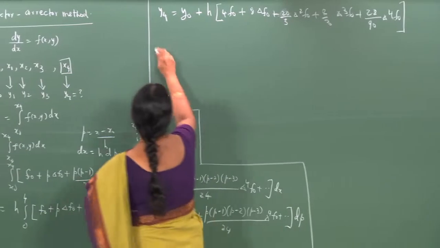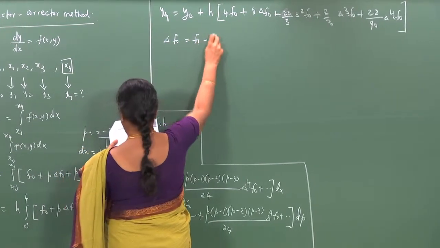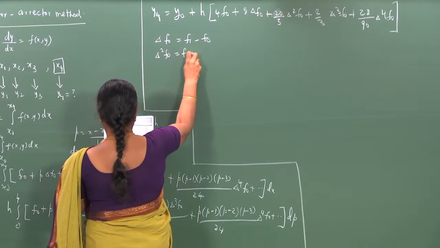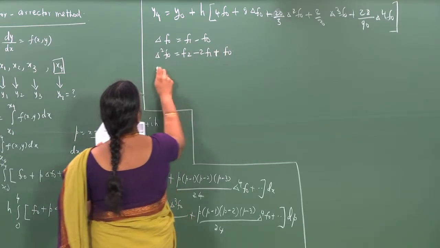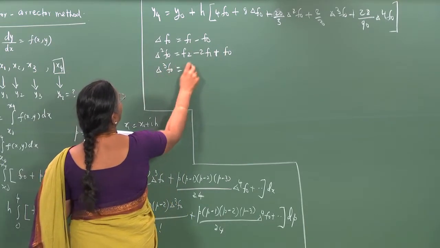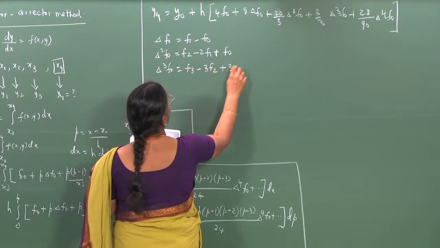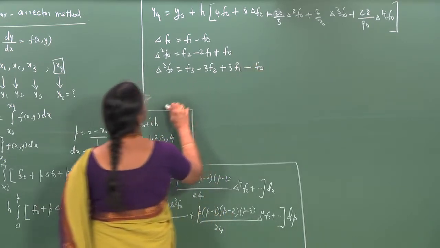And since delta f naught is f1 minus f naught, del square f naught is f2 minus 2f1 plus f naught, del cubed f naught is f3 minus 3f2 plus 3f1 minus f naught.